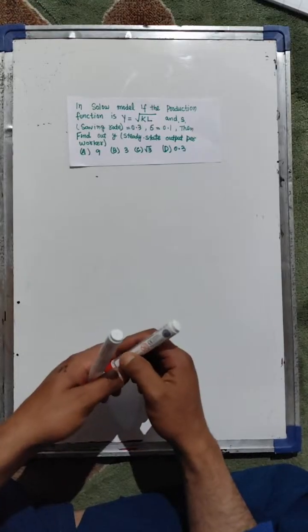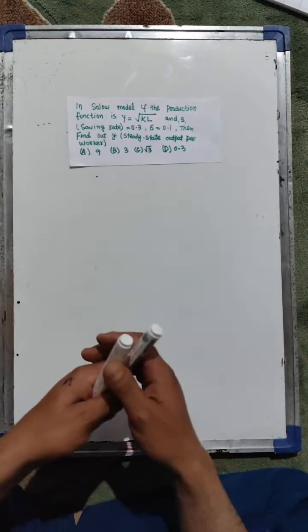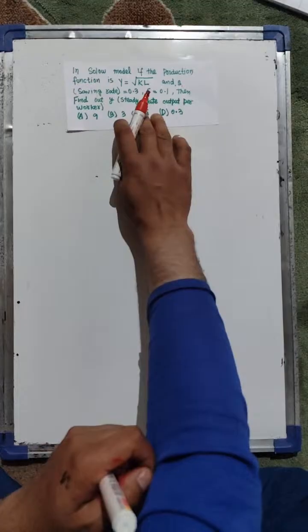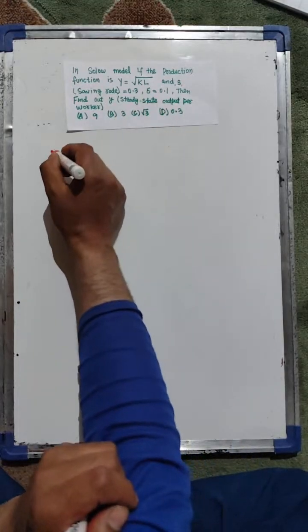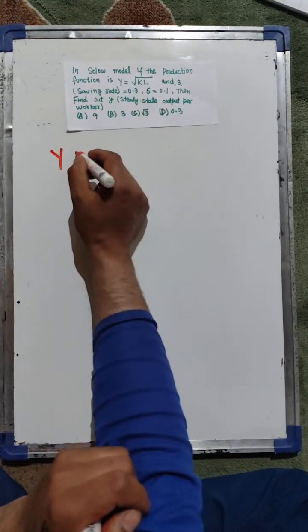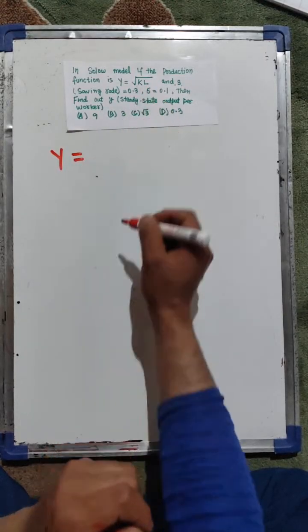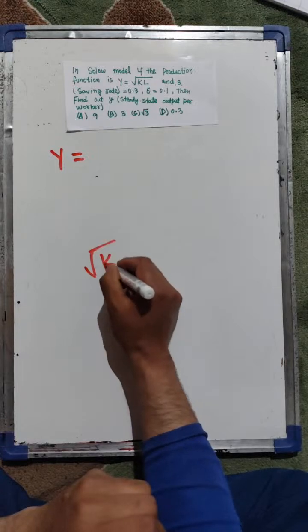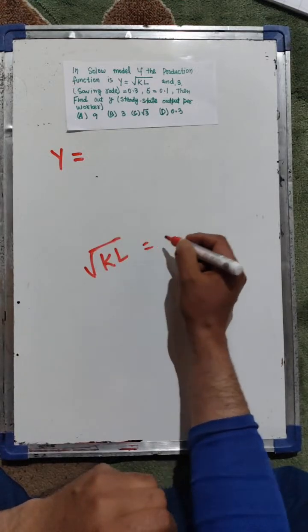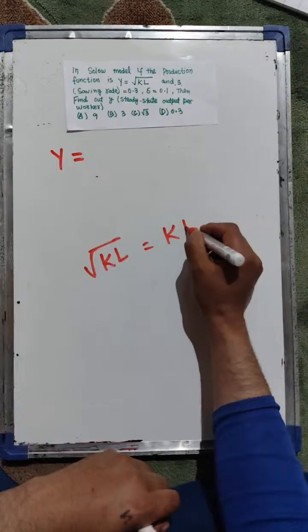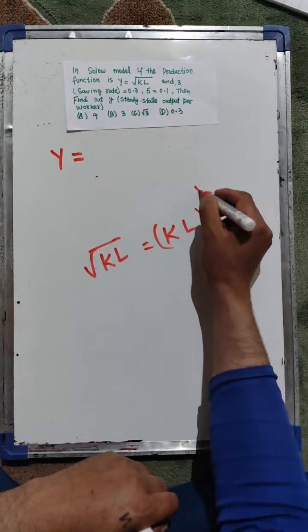Okay, so we have the Solow model. For this we have the production function, that is y is equal to under root KL. Can we rewrite it like this? K times L raised power 1 upon 2.